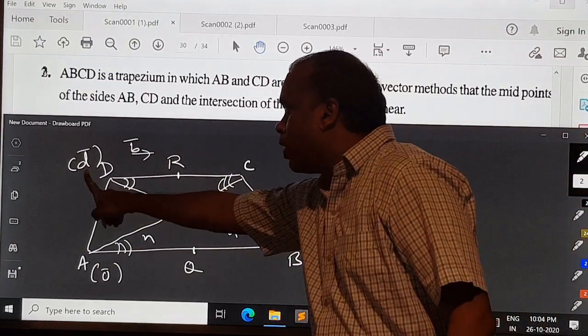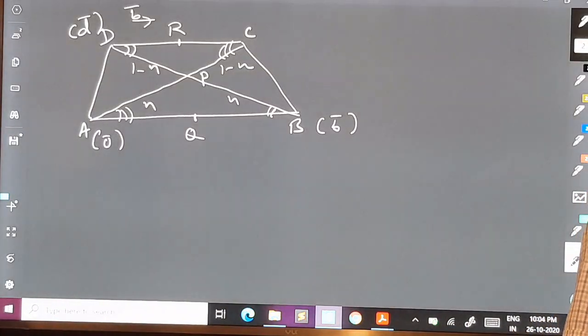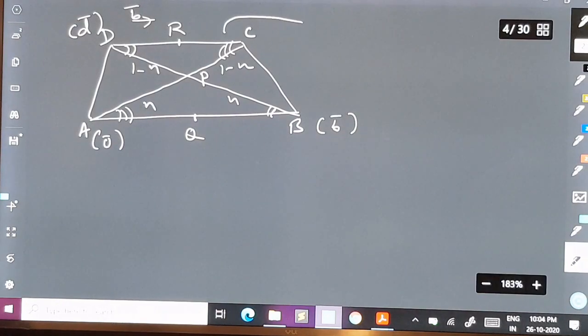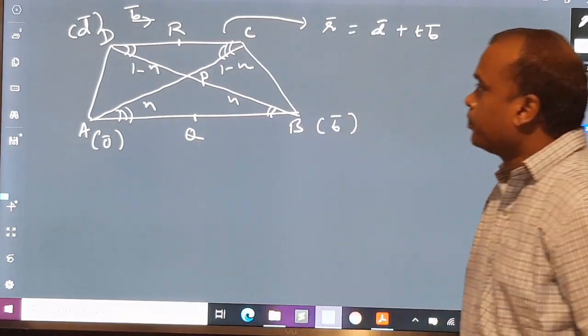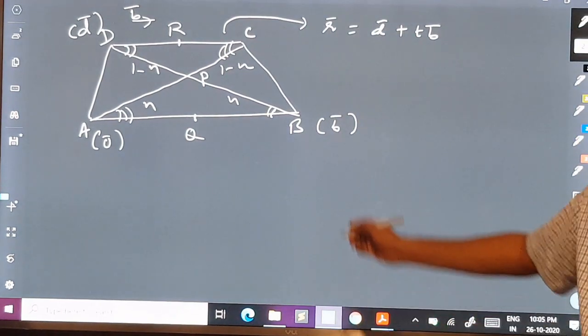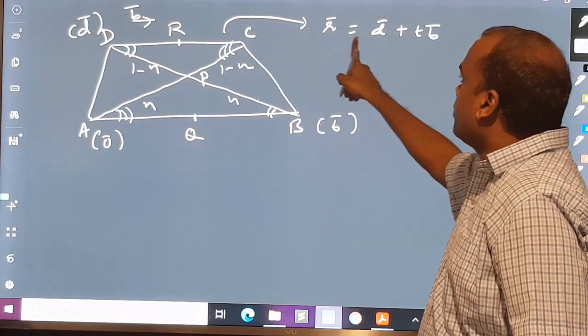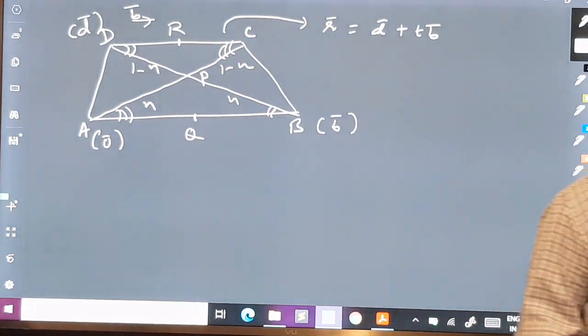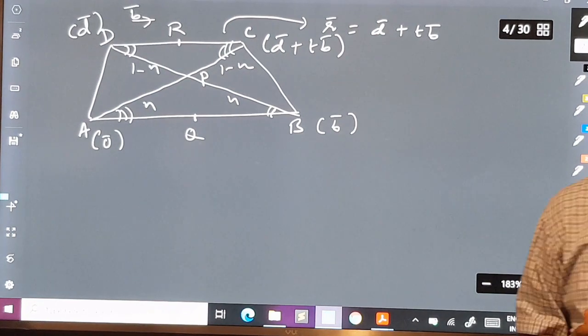It is passing through point D bar and parallel to the vector B bar. Therefore, its equation will be R bar is equal to D bar plus TB bar. Any point on this is of this form. Therefore, C being a point on this line, C will be of this form D bar plus TB bar. C is D bar plus TB bar for some T.